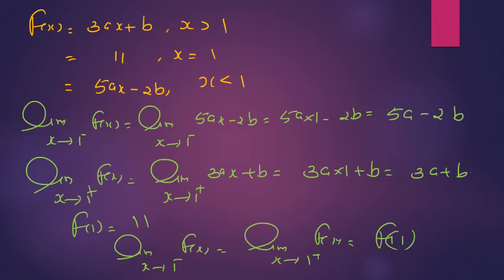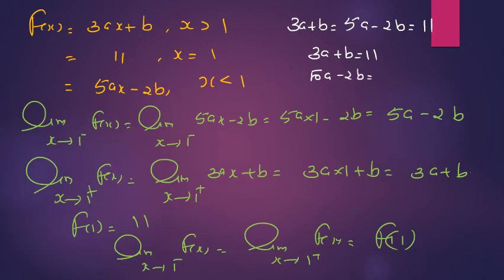Therefore 3a plus b is equal to 5a minus 2b is equal to 11. So 3a plus b is equal to 11. 5a minus 2b is equal to 11. Solve it.